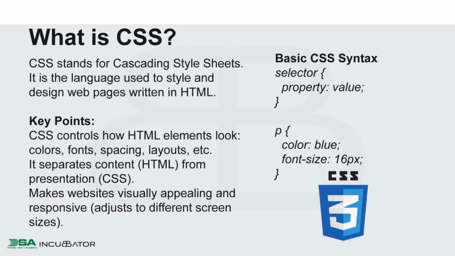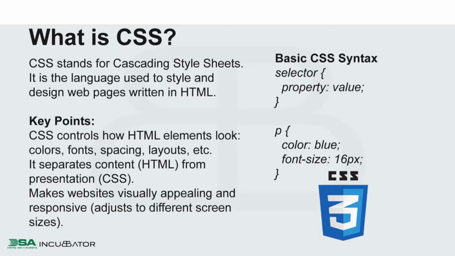So we already know the full meaning of CSS, so we won't be dwelling on that. It's a language used to style and design the web page. Key points on CSS: it controls how HTML elements look in terms of color, font, spacing, layout, etc. It separates content from presentation.